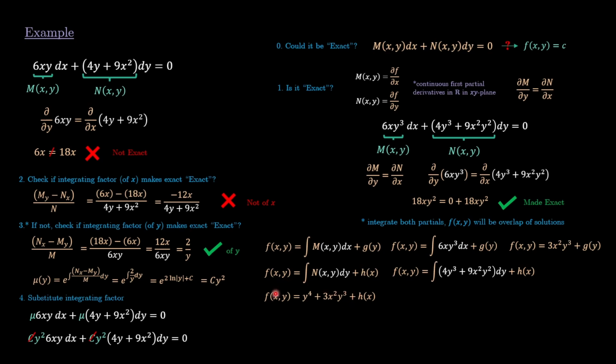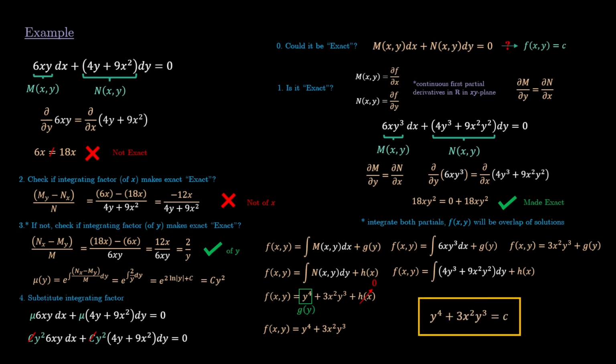Now matching these two equations, we can see that the overlap is such that y to the 4 becomes g(y) and h(x) goes to 0. So now our solution simplifies to y to the 4 plus 3x squared y cubed, and we let f(x,y) be a constant c. And this right here is our solution.